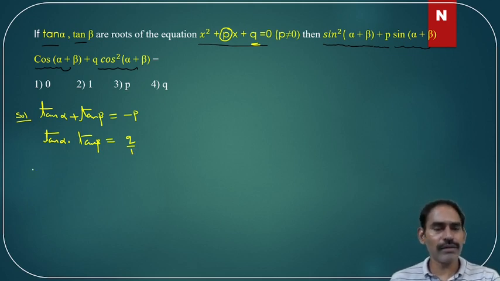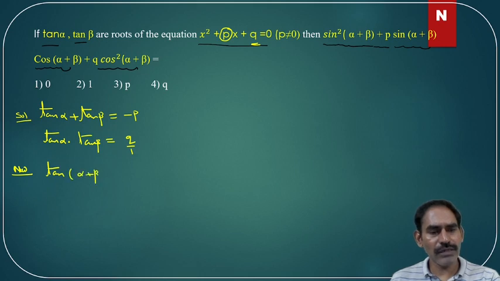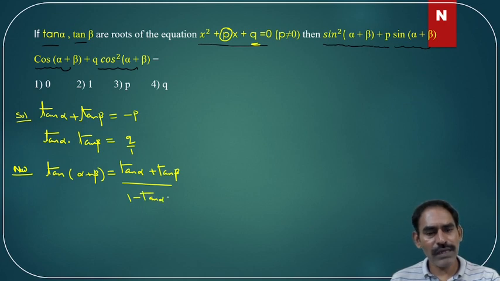Now we can find tan of (alpha plus beta). Tan of (alpha plus beta) equals tan alpha plus tan beta by 1 minus tan alpha tan beta.